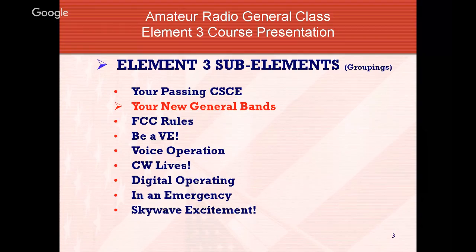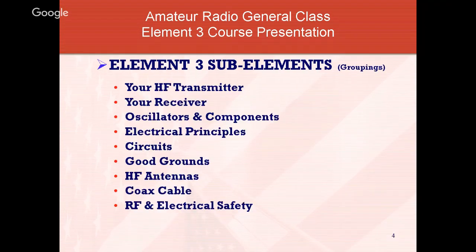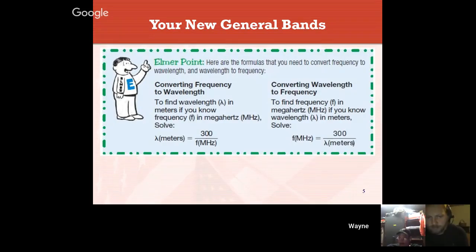But moving right along. So remember, we talked a little bit about frequency and wavelength in the other class, for those of you who were in attendance, and how to do that. Remember that magic number 300. If you want to know the wavelength in meters, you just divide 300 by the frequency in megahertz.